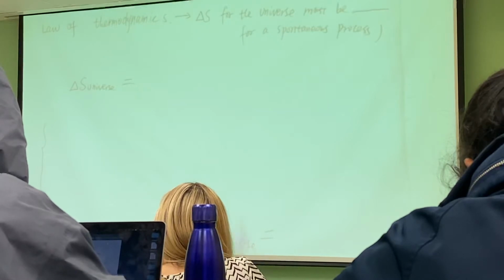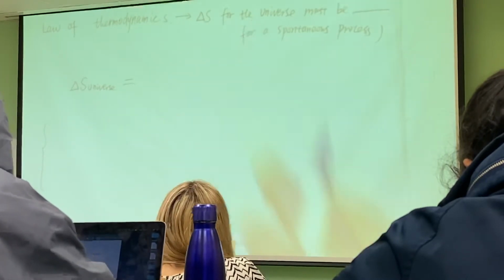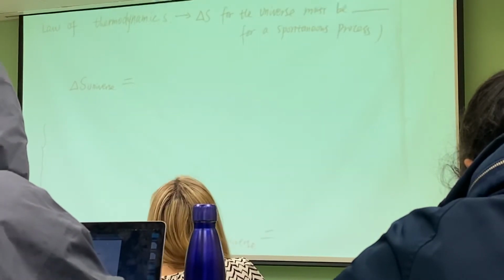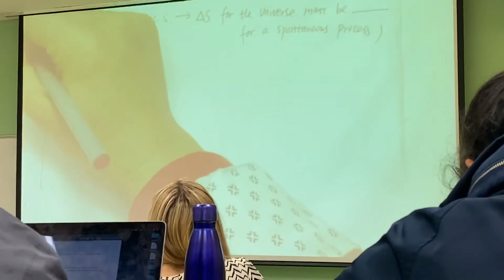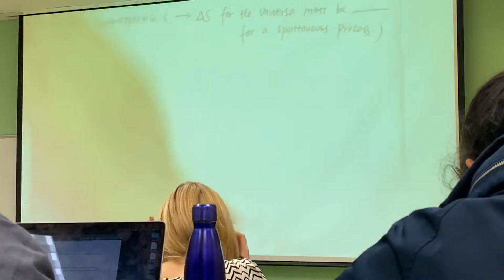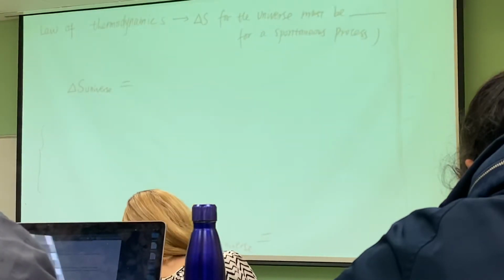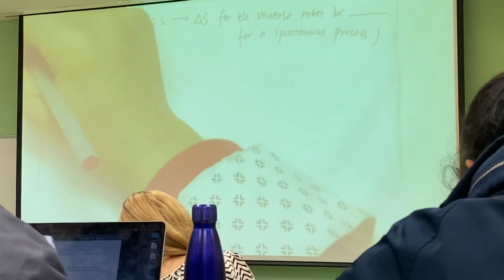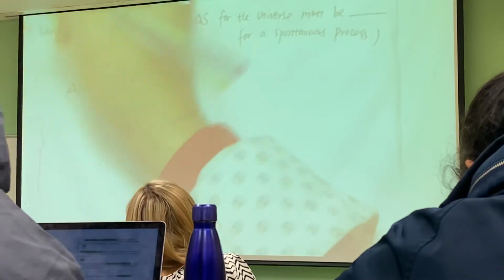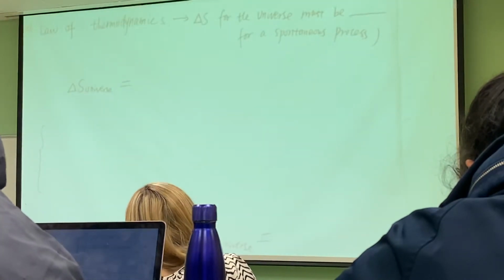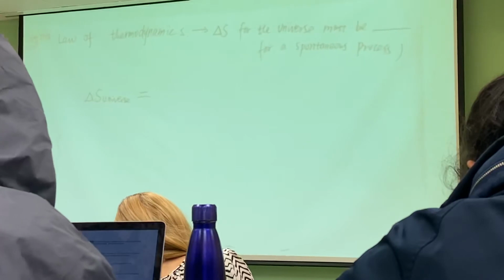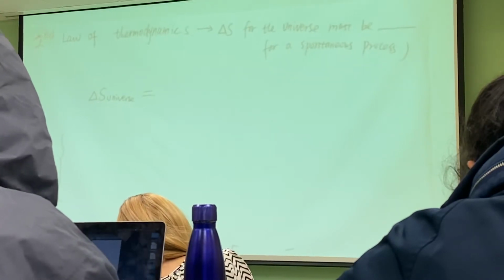So let's see what happens to delta S universe then. That is your second law of thermodynamics. Just use this way, the second law of thermodynamics talks about the delta S universe.